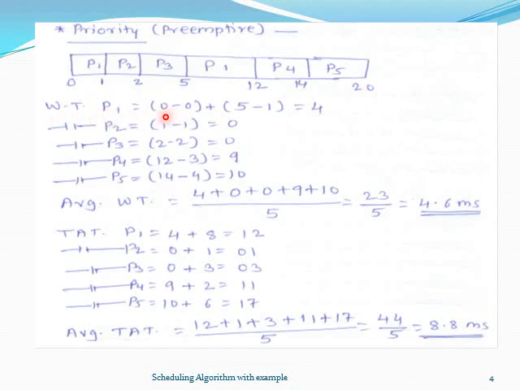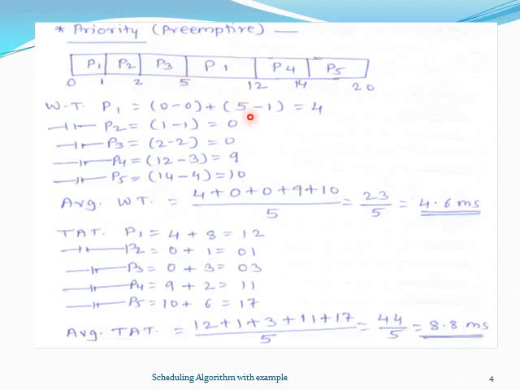Initially, as process P1 arrived, it was immediately scheduled. That's why 0 minus 0, plus the remaining part of process P1 that is executed in the second half. The starting time of the second half of process P1 is 5.